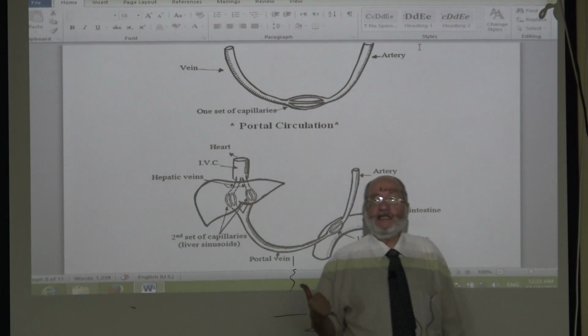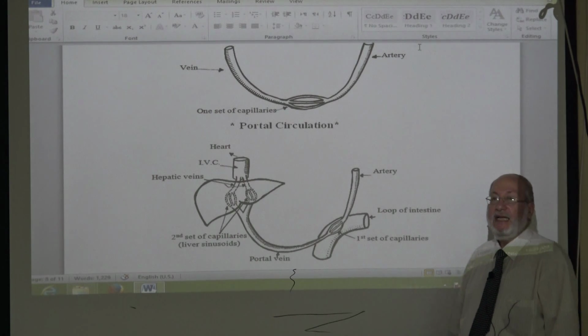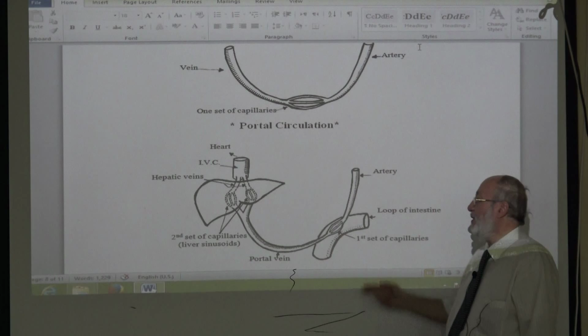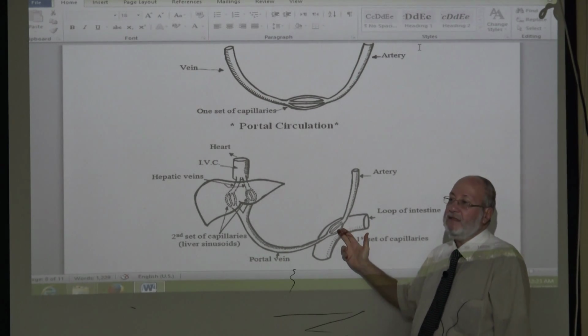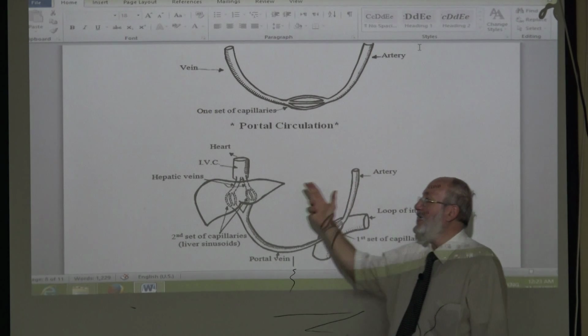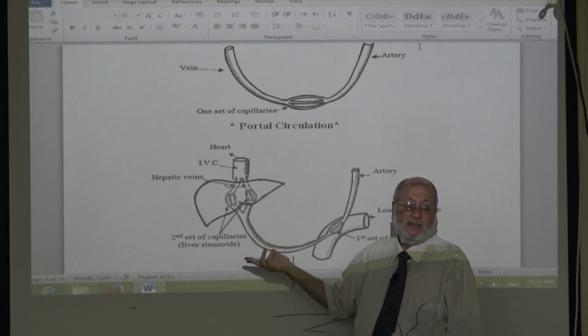What is the difference of this circulation in comparison to systemic circulation? The set of capillaries. There is a set of capillaries in the organ, the intestine for example, and another set of capillaries in the liver, the sinusoids.